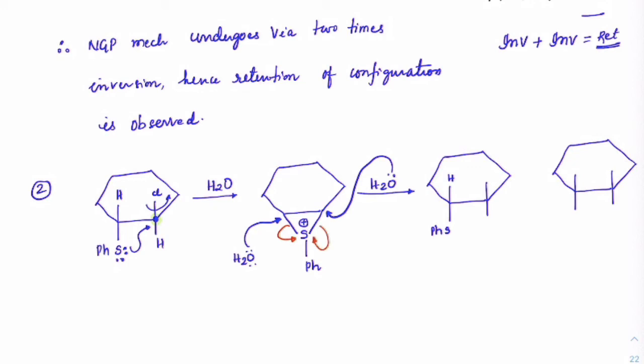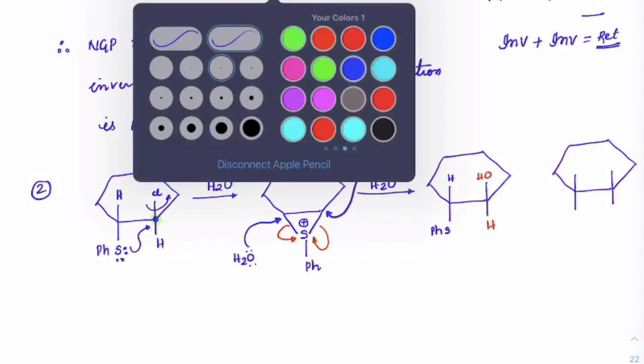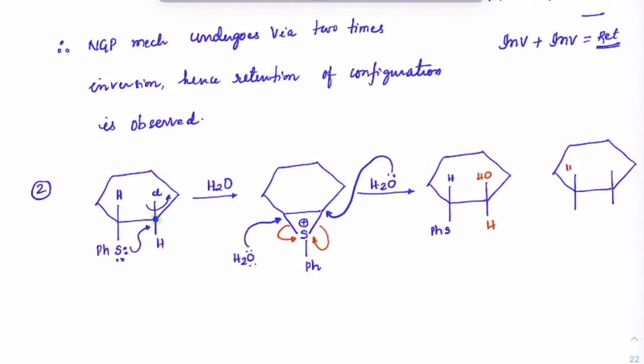So in either case, we will have PhS with OH coming here and H here. This is one case. In the other case, OH comes on this side and H here, and SPh comes this side. These are the two products we can expect.